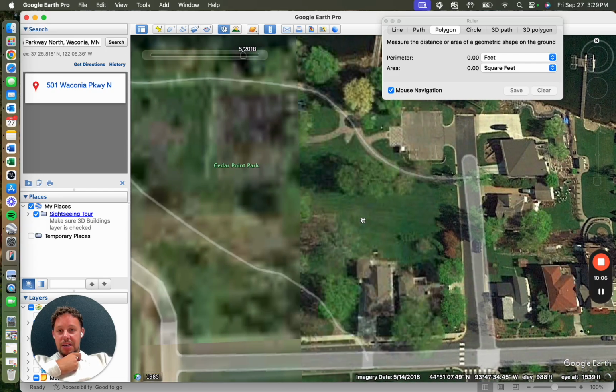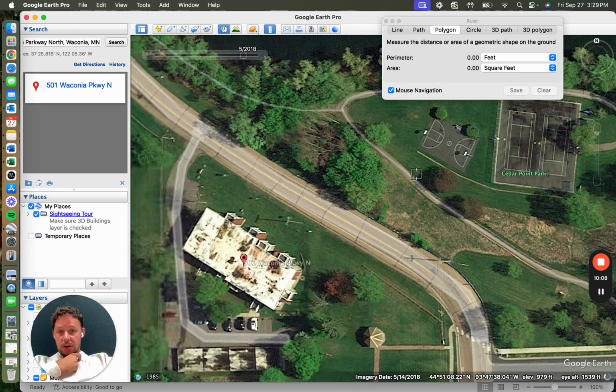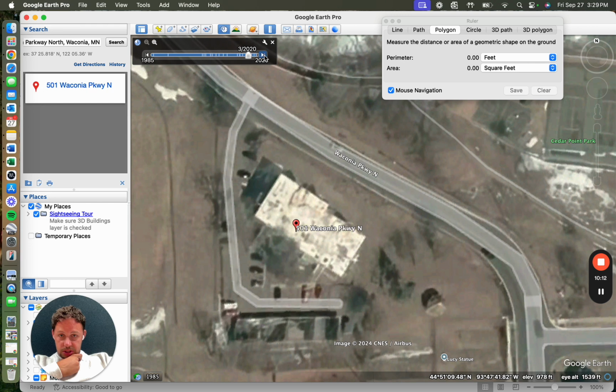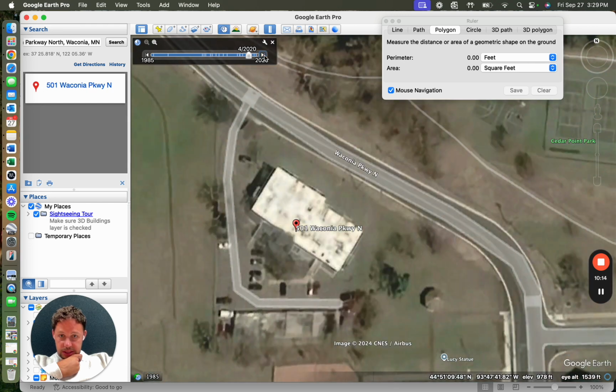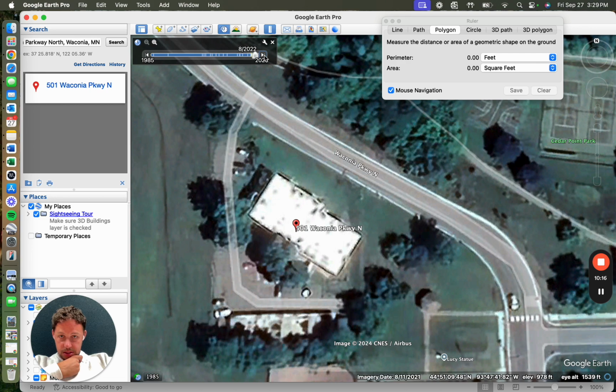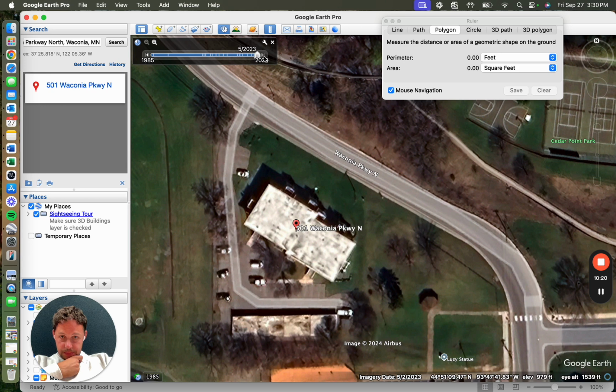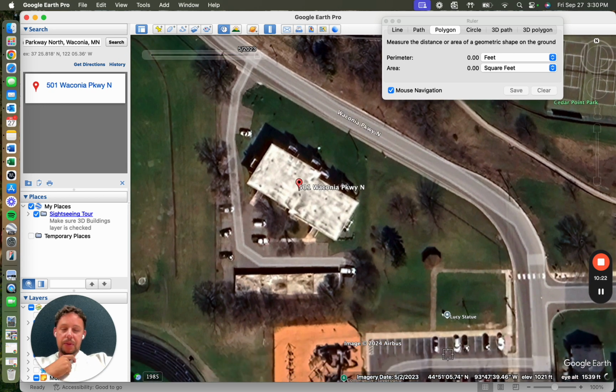Anyways, getting off topic, but that is a cool thing about Google Earth. You can change the pictures. So for this one, it's kind of like, which one is the clearest? Oh, I'm happy with this one.